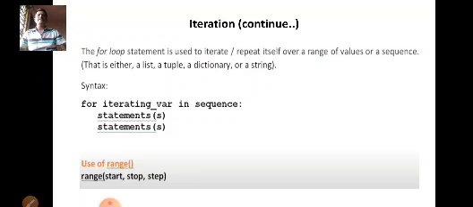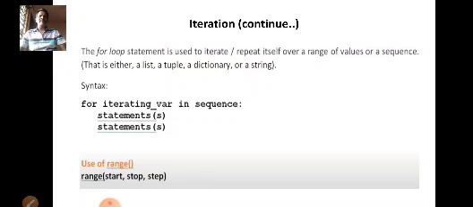Observe this, we are taking an example of a for loop. The for loop statement is used to iterate or repeat over a range of values or a sequence, right? That is either a list, a tuple, a dictionary or a string. In Python programming, we apply loops to a list, a tuple, a dictionary or a string.